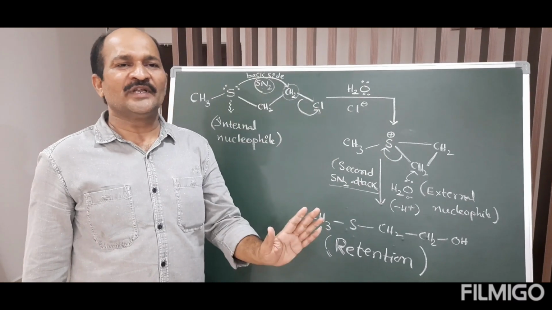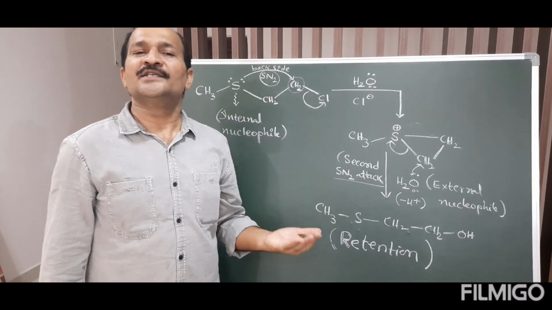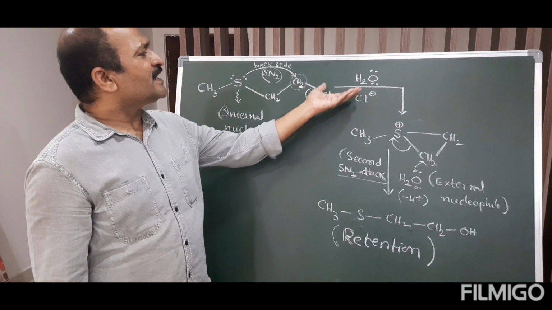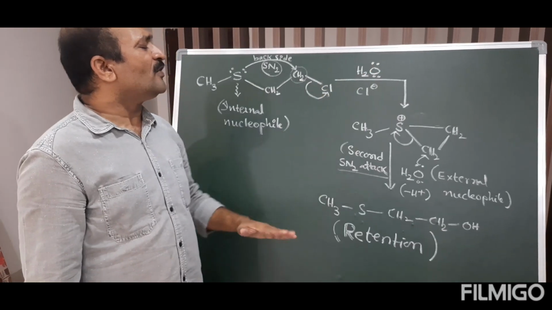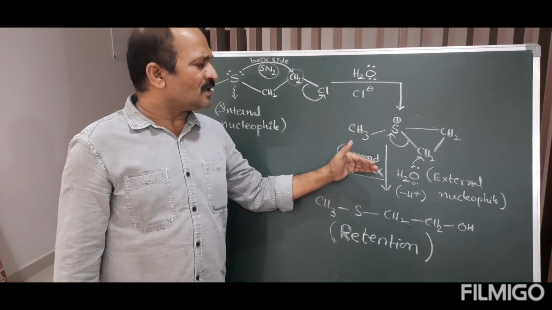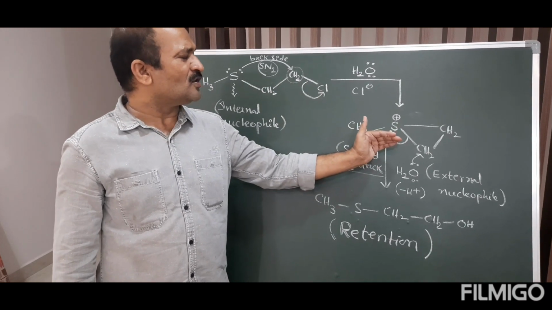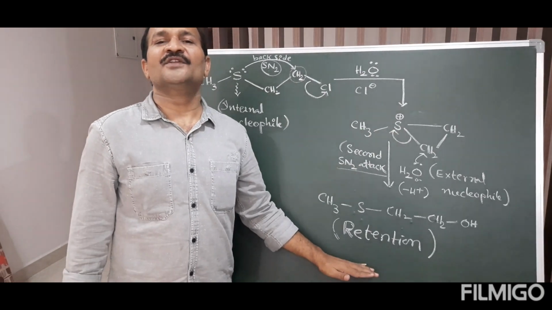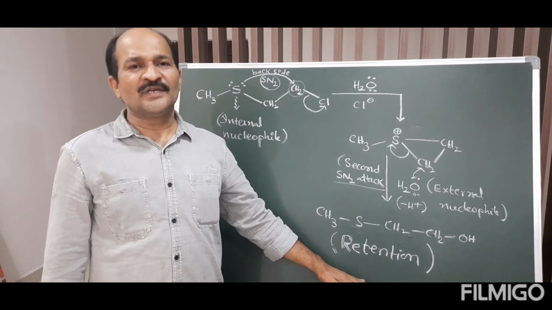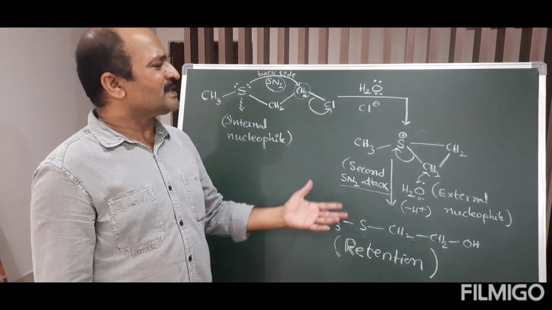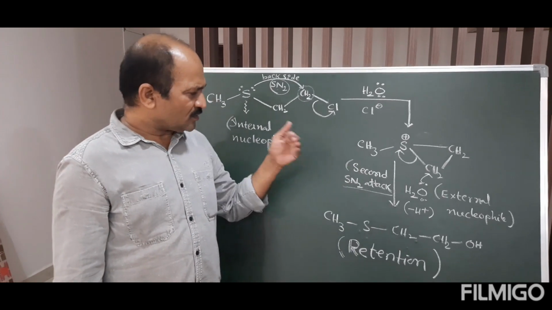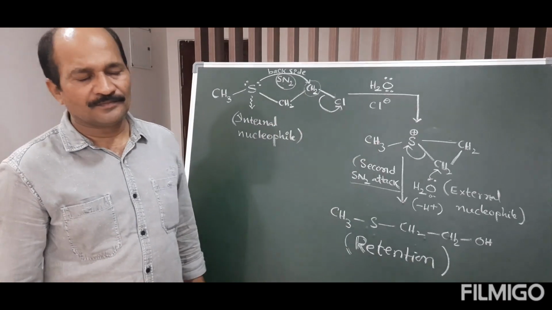If only SN2 reaction takes place, the configuration is inverted. If you are taking a limited amount of the nucleophile, it goes with the NGP mechanism and leads to the retention of the configuration. Right, students? Now we are going to take one more example to illustrate, taking a look at that example.